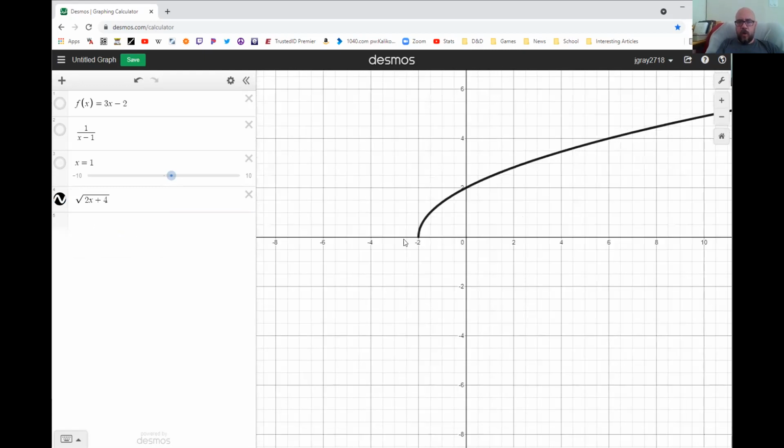And lo and behold, to the right of negative 2, where x is greater than or equal to negative 2, you see y values. And to the left, you don't. There's nothing over here, right? So there just isn't anything to the left of negative 2, but there's all the stuff to the right of negative 2. So really, that's what those things look like on a graph, right?